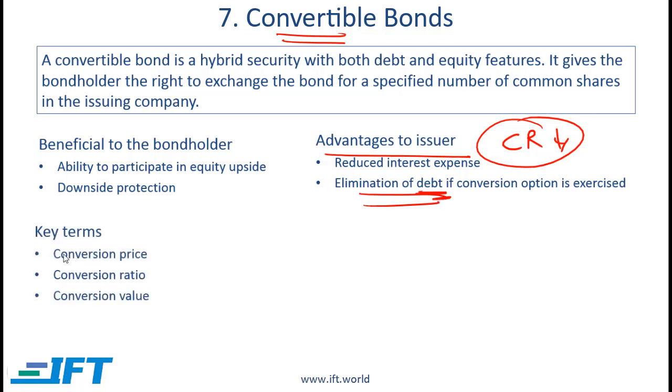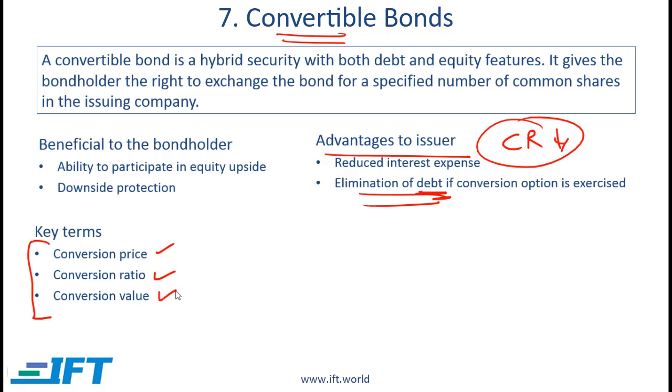Some terms that you need to know in the context of convertible bonds are given right here. The conversion price is the price per share at which the convertible bond can be converted into shares. The conversion ratio is the number of shares that each bond can be converted into.